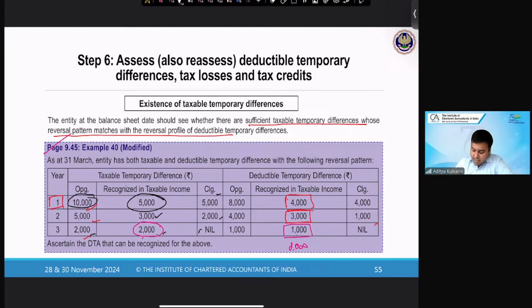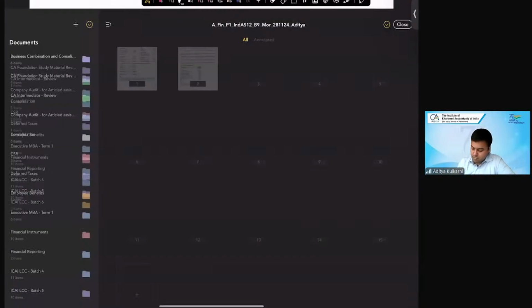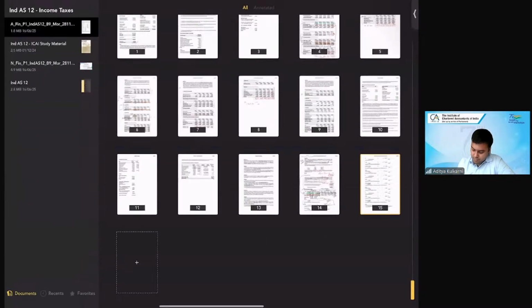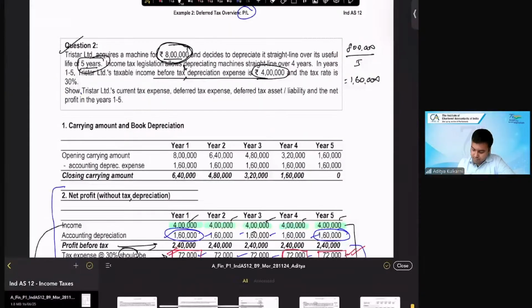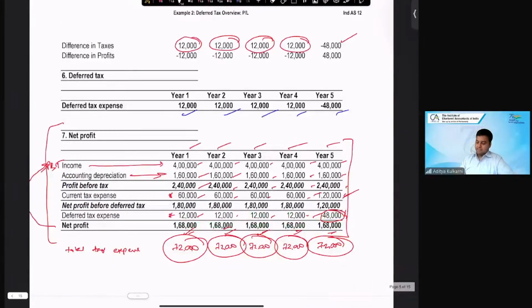Did you understand this part? Yes, sir. This is very similar to that fixed asset example that we saw, right?